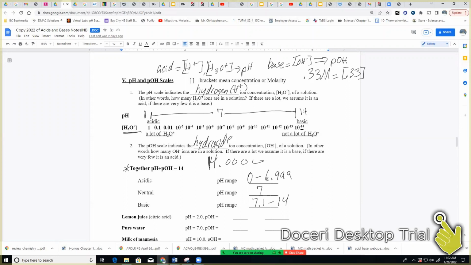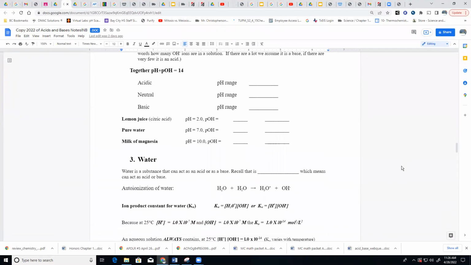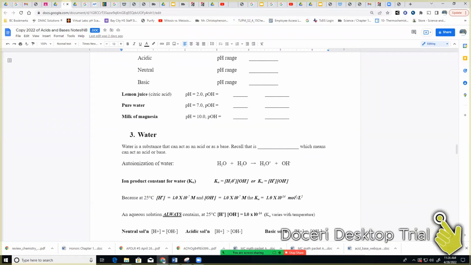So if we look at some common household items, which is what we'll do next week in our lab, probably on Tuesday, we can kind of see what the pH of them are. So citric acid from lemon juice, its pH is 2. If I wanted to find its pOH, I'm just going to do 14 minus 2. So that would give me 12.0.